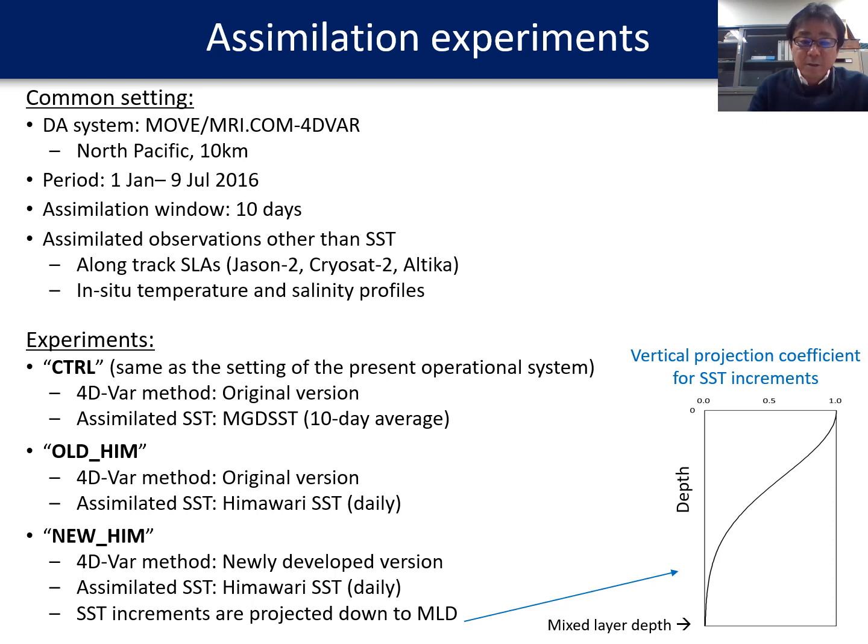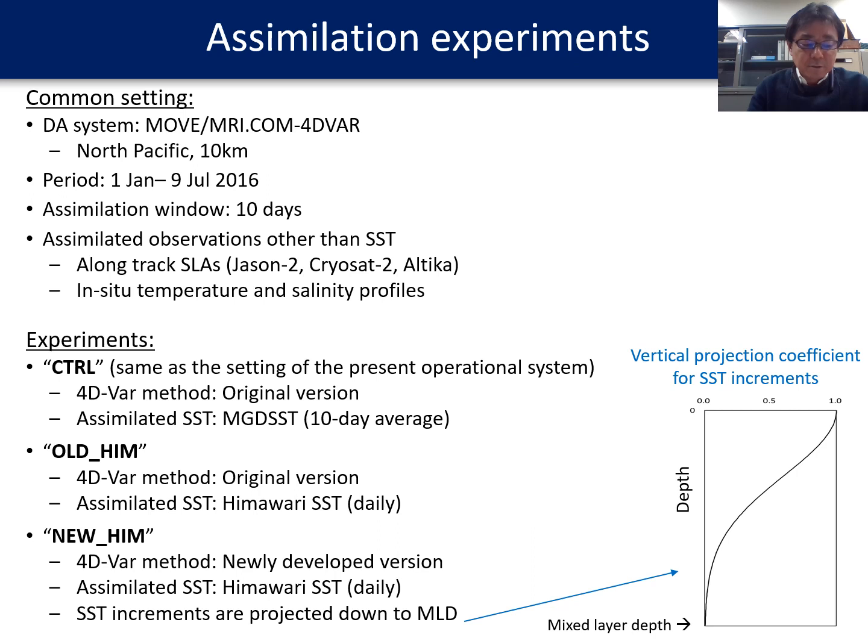The assimilation window is set to 10 days, and assimilated observations other than SST are along-track sea level anomalies derived from Jason, Cryosat and Arctica, and in-situ temperature and salinity profiles.